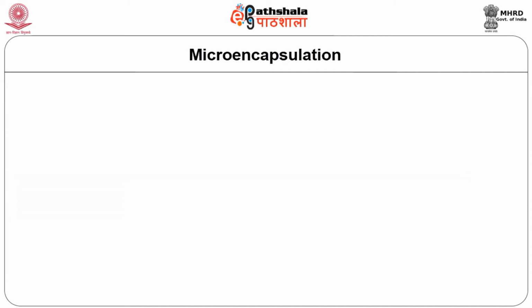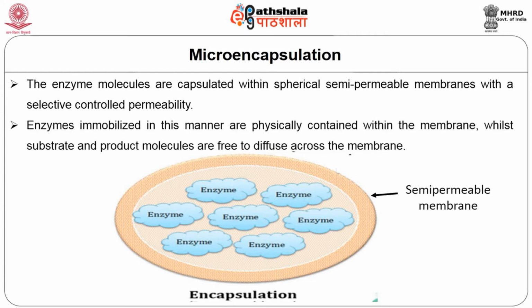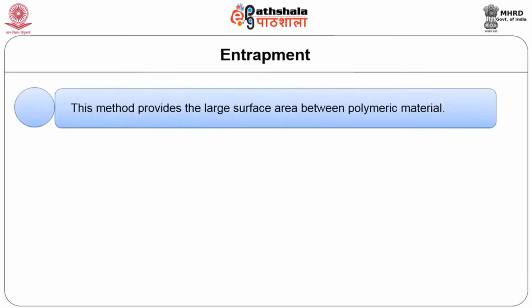Microencapsulation method: in this, the enzyme molecules are encapsulated within a spherical semi-permeable membrane with selective controlled permeability. Enzymes immobilized in this manner are physically contained within the membrane, whilst substrate and product molecules are free to diffuse across the membrane. This method provides a large surface area between polymeric material and the enzyme.